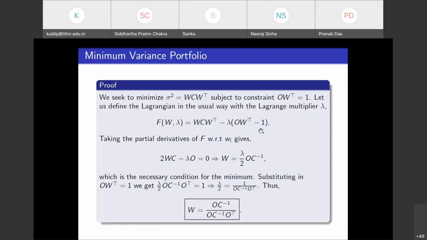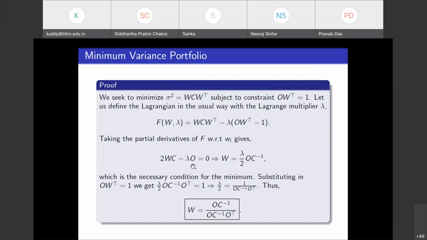Verify for yourself, and you take this derivative with respect to W1, W2, all the way to Wn. So you will get n number of equations, and bring them together in the vector form.